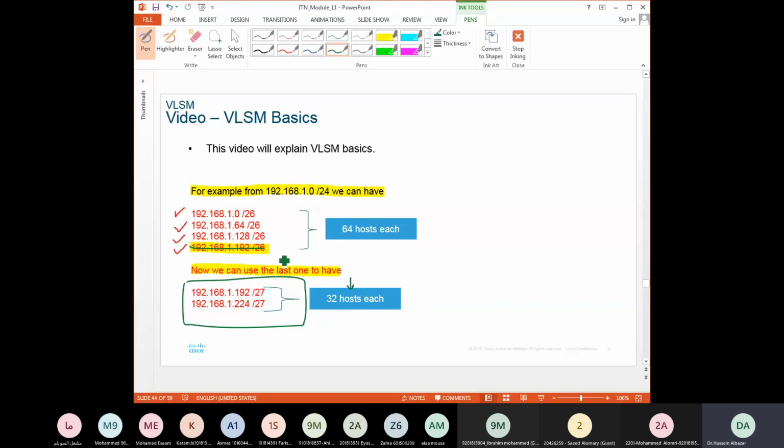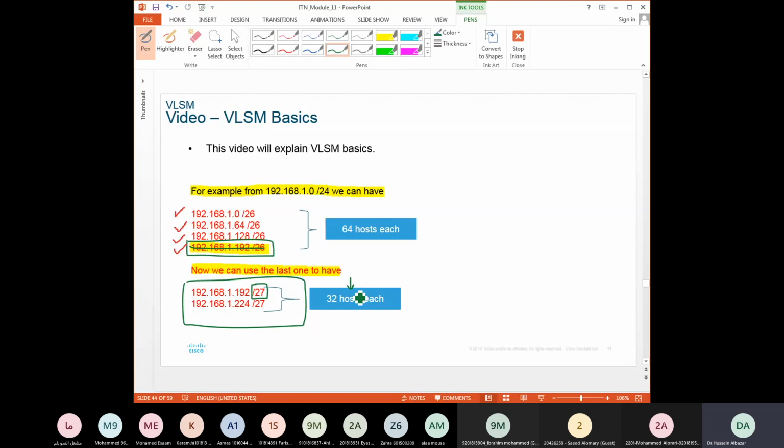So we take the largest subnet, and we create another two subnets from one subnet. So we will have 192.168.10.192/27. And then we will add the magic number. The magic number is 32 here.